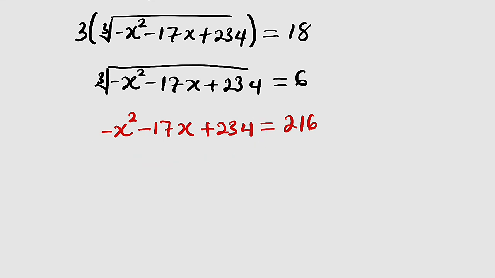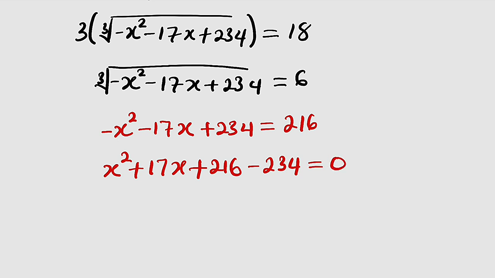Taking negative x squared to the right hand side, it becomes positive x squared. If you take this one to the right hand side, it becomes positive 17x. If you take this one to the right hand side, it becomes negative, but this is positive already, so we have 216 minus 234, and this is equal to 0. 216 minus 234 will give us negative 18.